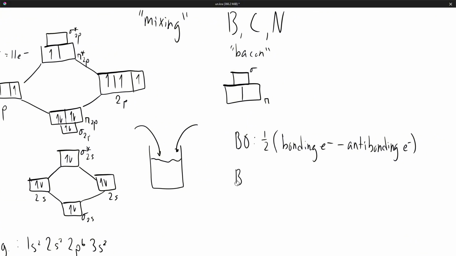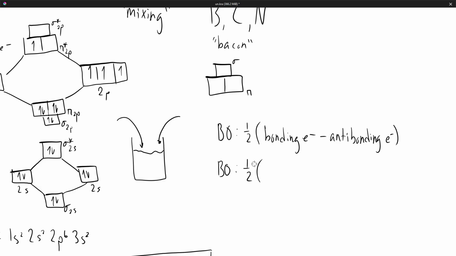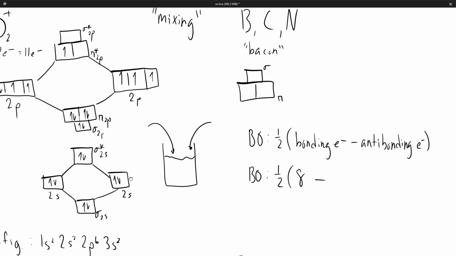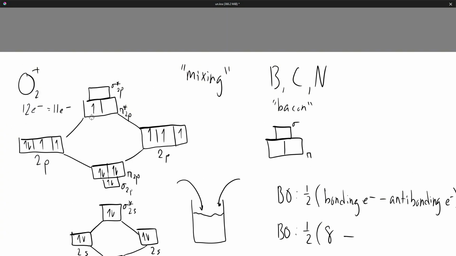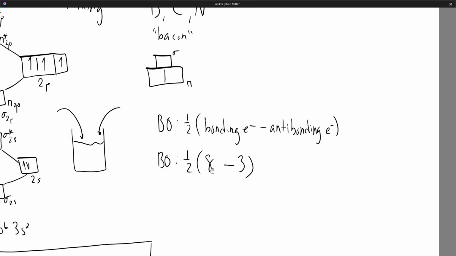So the bond order for this one is 1/2 of the bonding electrons: 1, 2, 3, 4, 5, 6, 7, 8. 8 minus anti-bonding, which is 1, 2, 3. 8 minus 3 is 5. So 1/2 of 5 is 2.5.